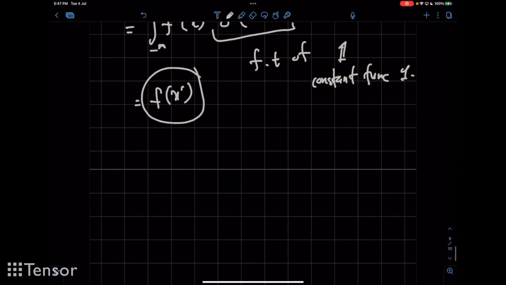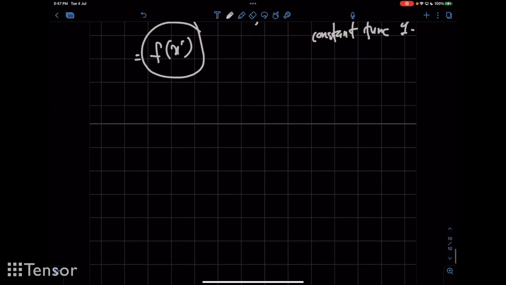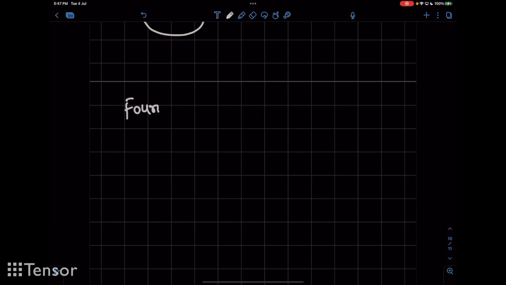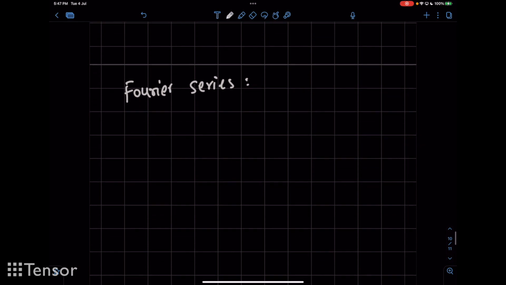All right. So that was the Fourier transform. Now we have another thing, that is the Fourier series. Okay. So what is the Fourier series?